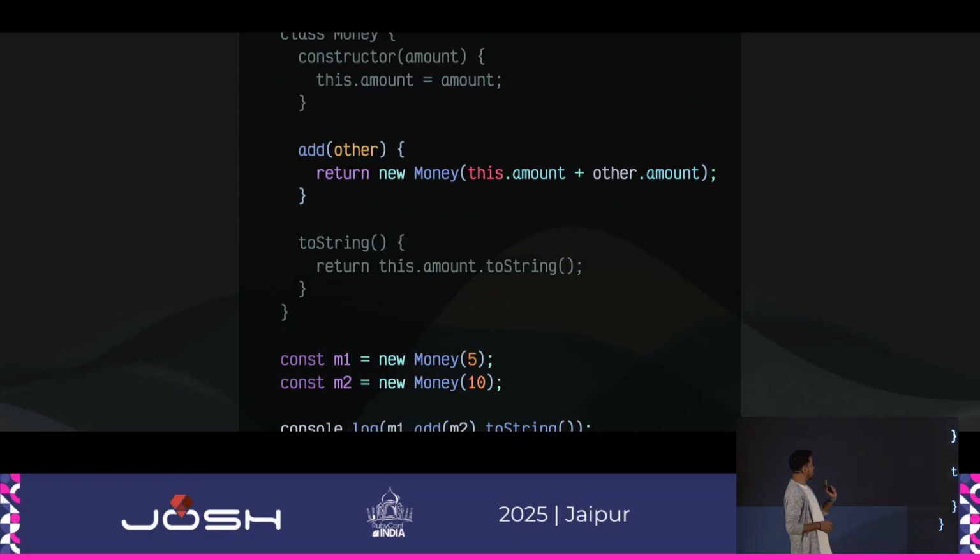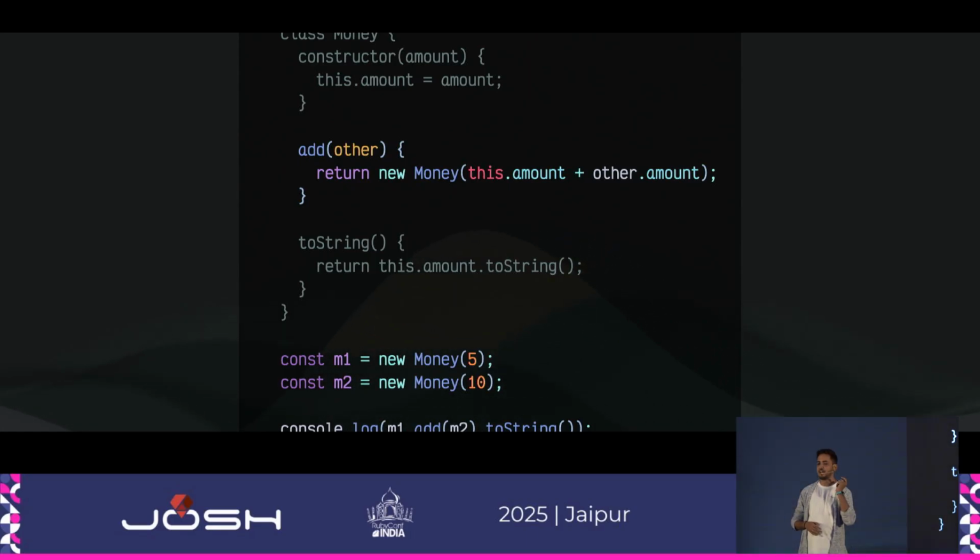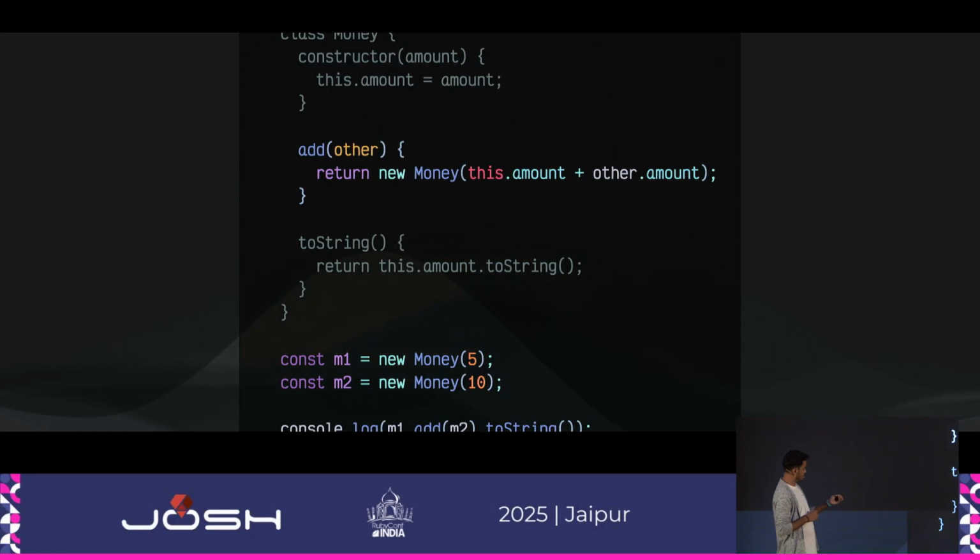You see, in JavaScript, I was writing a class. This little add method we have was supposed to add two money objects. And the way I was doing it, which is a little bit clipped now, but I'll recite for you: m1.add(m2).toString(). Very simple syntax, nothing fancy.